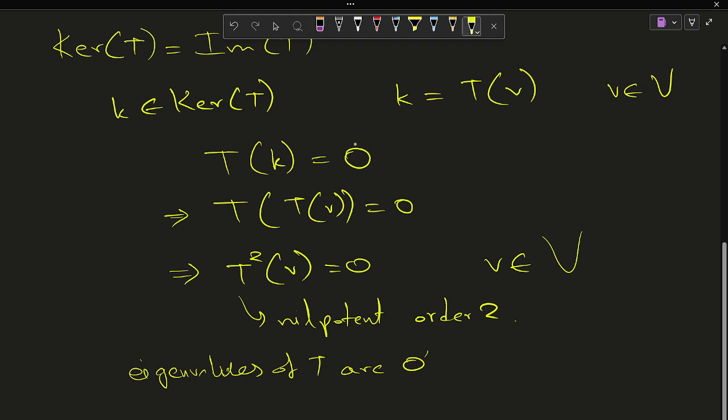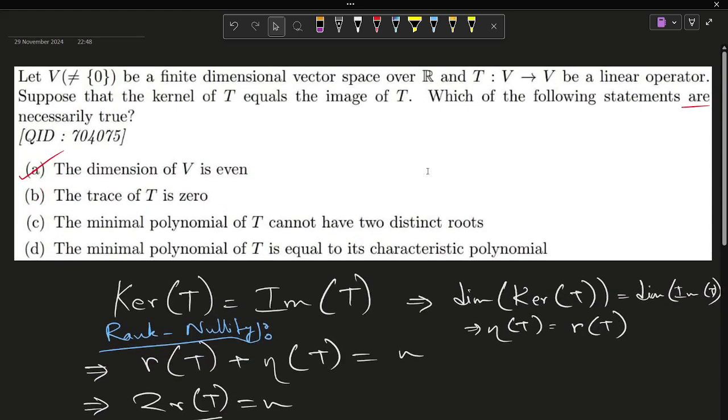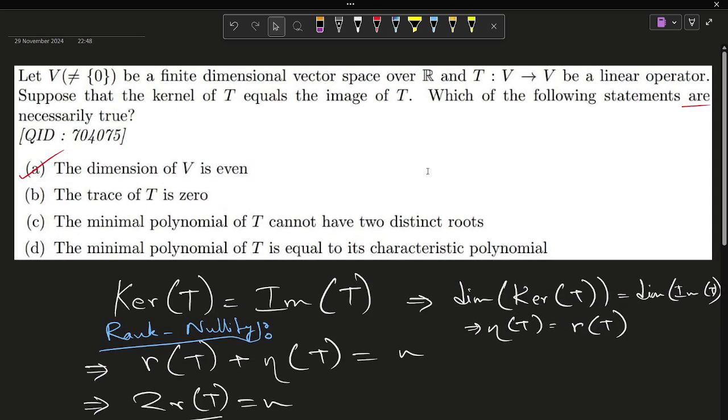Option B tells us that the trace of T is 0. That will also be true, because as all the eigenvalues are 0, the trace of the matrix will also be 0, as the trace is the sum of all eigenvalues. Now, the minimal polynomial of T cannot have two distinct roots.